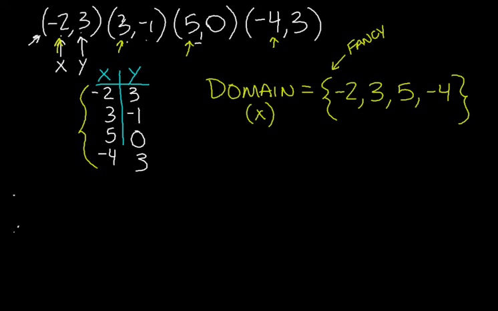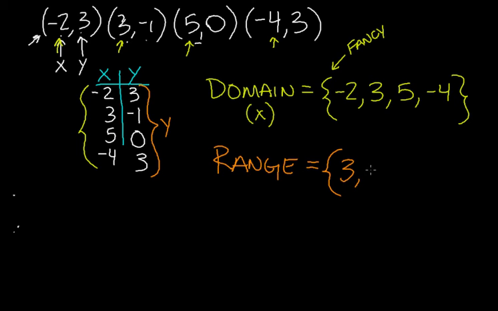The range, super similar. If I want to list the range of this set of points, all I got to do is list off all the y's. That's all these things right here. All the y's. So the range for this set of points is 3 and negative 1 and 0 and 3.